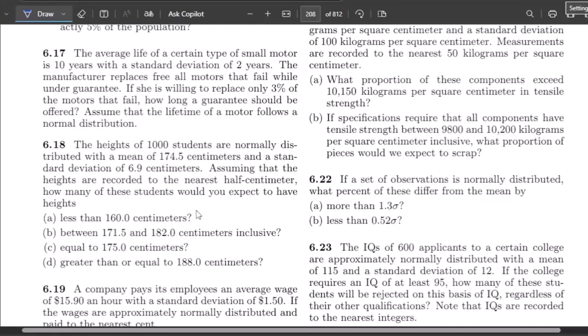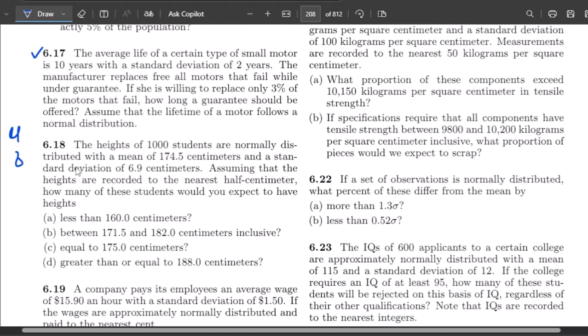Welcome back, guys. So in our previous videos, we had talked about all the questions from 6.1 up to 6.17, and in all of those questions, whether these are specific real world problems or not, we had some mean value and some standard deviation.